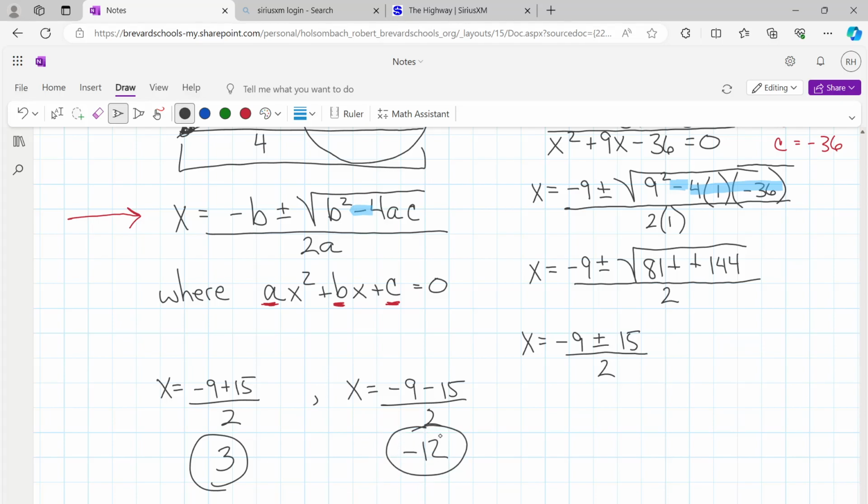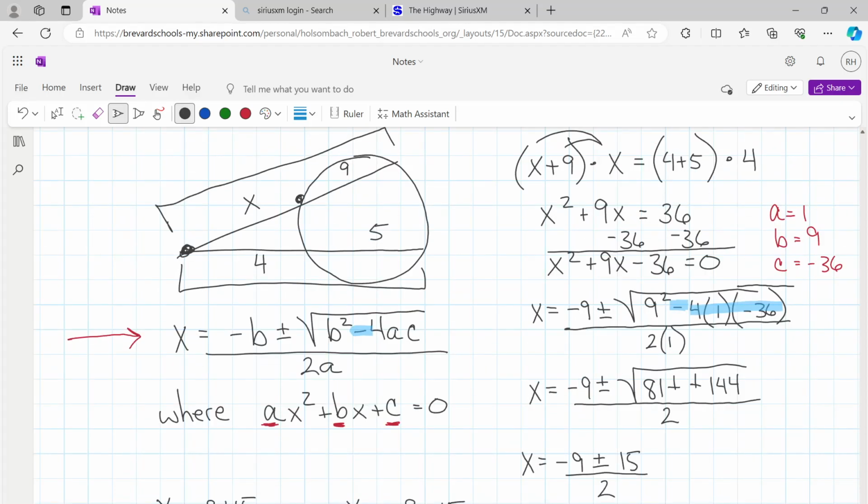But what you want to keep in mind here, you've got a value of x that's 3, and you've got a value of x that's negative 12. But look what we were trying to solve for. Back in the original problem, we were trying to solve for this piece right here, this segment. Well, that's not going to be a negative value, is it? Distance is never negative.